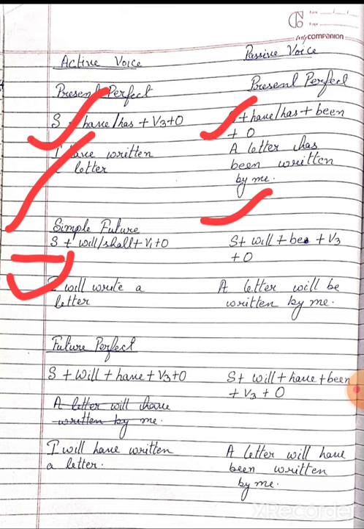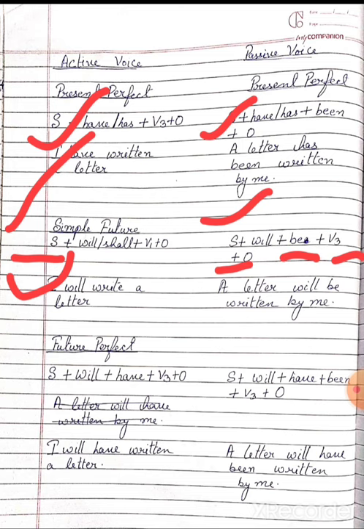The subject, here meaning the object of the active voice, plus will plus be. We will add be. Then V3, then by plus the object. In passive voice, the verb we will use will be in the V3 form, the past participle form, which you should not forget.